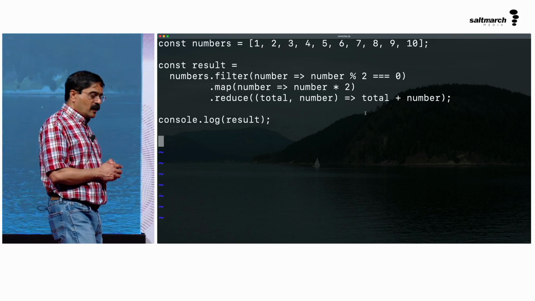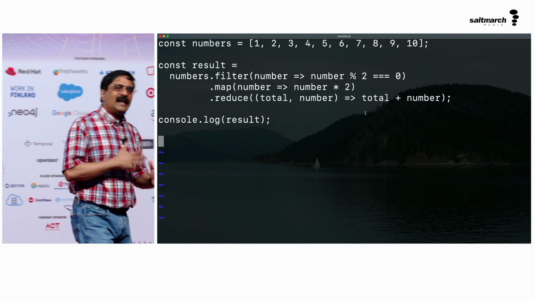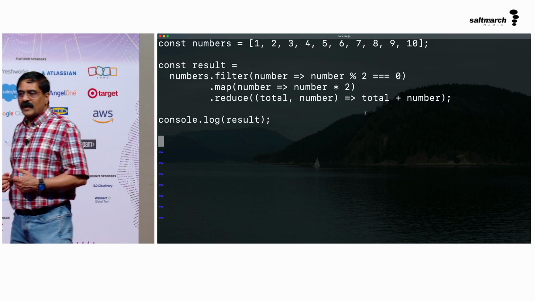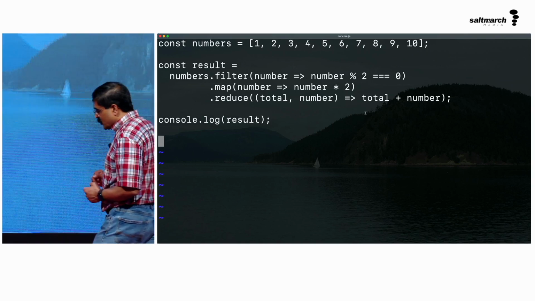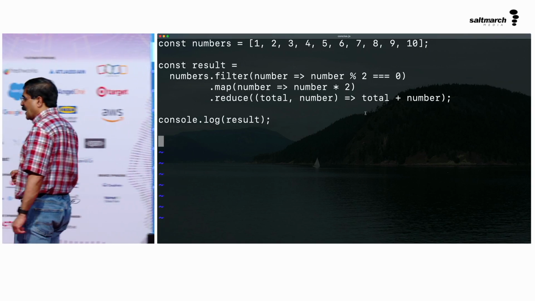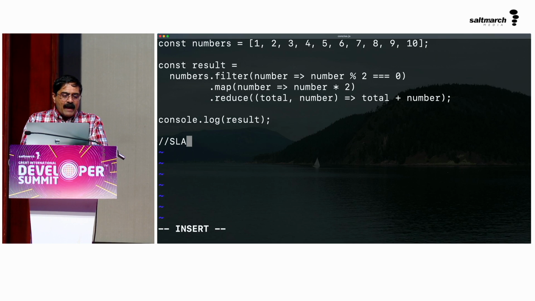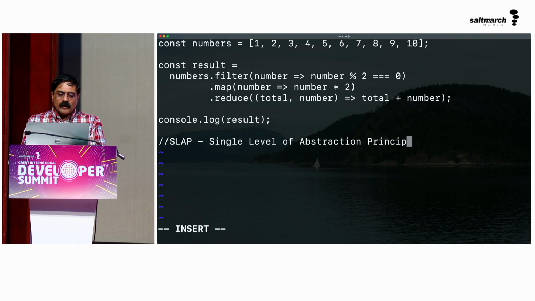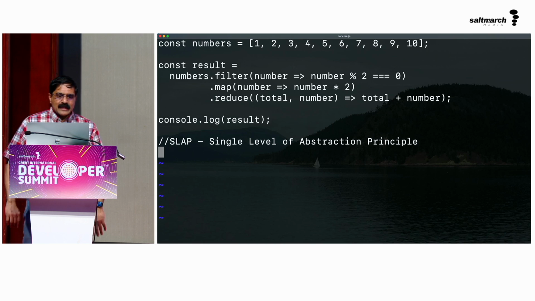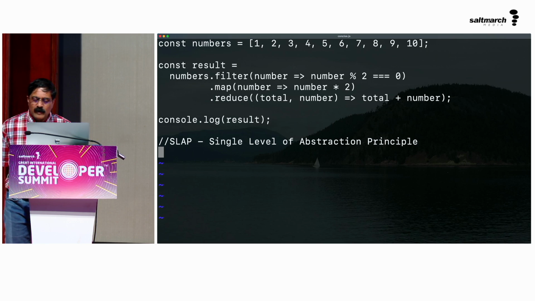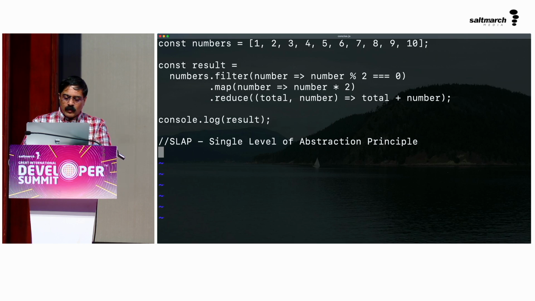Now, this is where you have to be thinking about how to make code more effective. There is one principle I really like a lot. That principle is called SLAP. SLAP stands for Single Level of Abstraction Principle. It says a piece of code should focus on one level of abstraction.